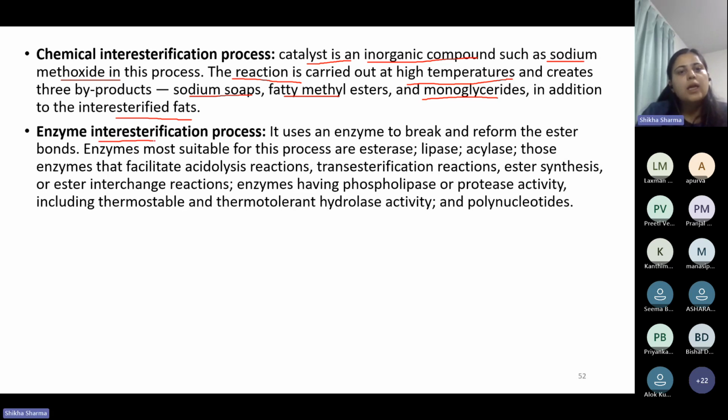In the enzymatic process, it is the enzyme which breaks and reforms the ester bonds.